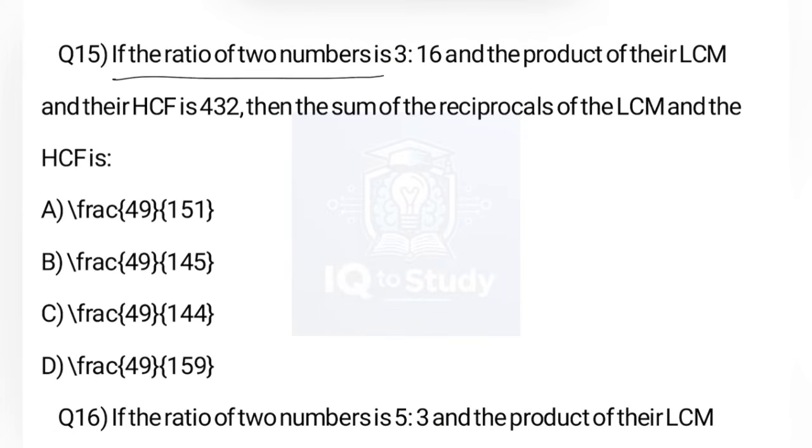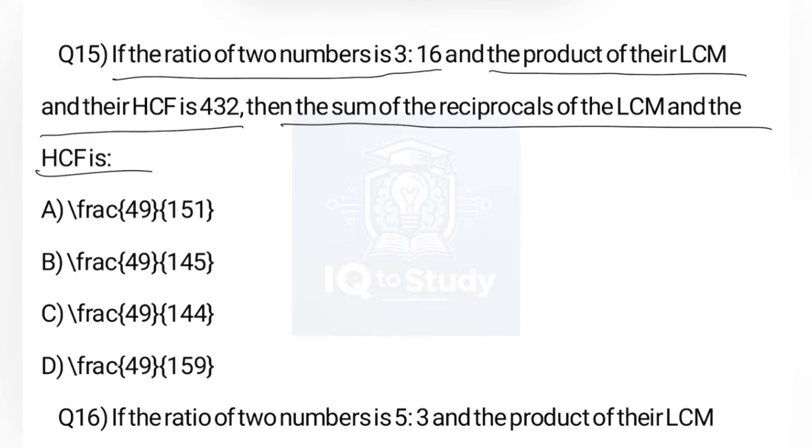If the ratio of two numbers is 3:16 and product of their LCM and HCF is 432, then the sum of reciprocals of LCM and HCF is. Let the two numbers be 3x and 16x. And product of LCM and HCF is equal to 432 according to the question.